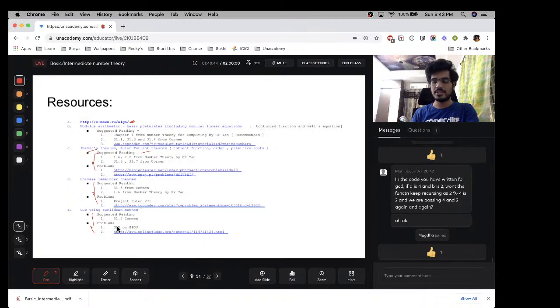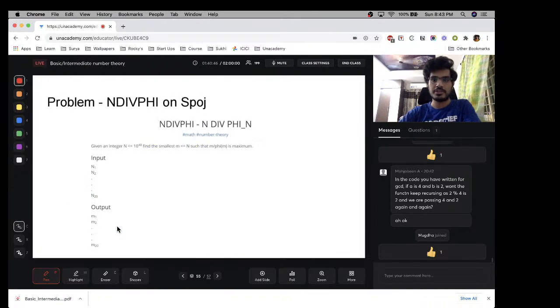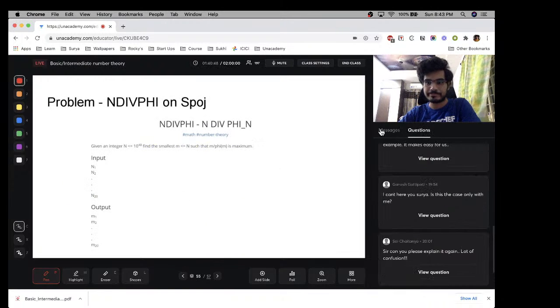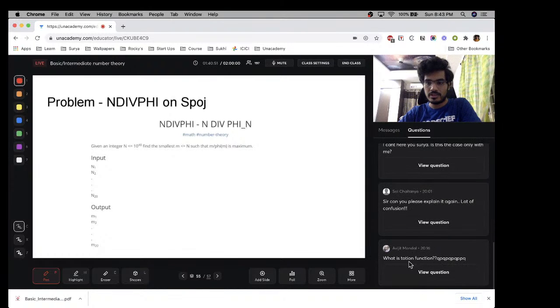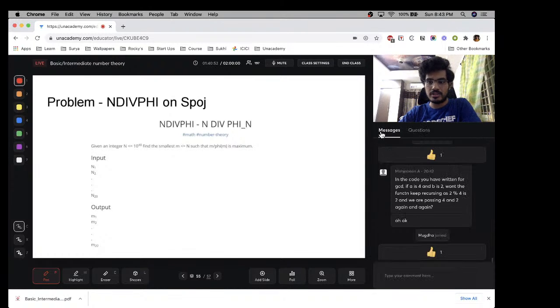Here are some resources, and let's try to solve a problem. Given an integer n, find the smallest m such that m by phi m is maximum. I'll give you like 2 minutes to think about this.